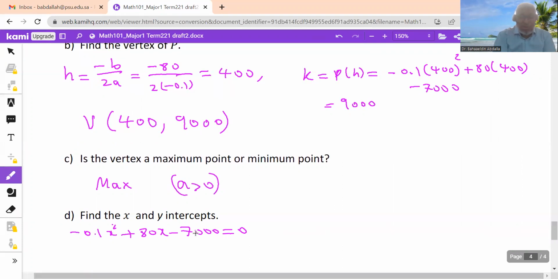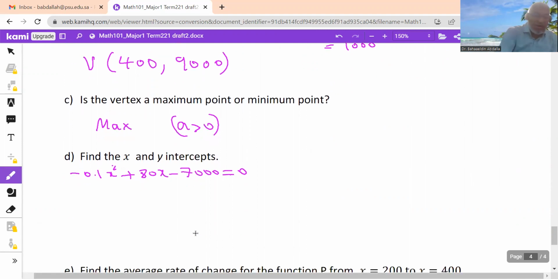Or if you know how to use the quadratic formula, you can use it to get the x-intercepts. Or you can use factoring, because it can be factored. So the x-intercepts, when you solve by the calculator, are 700 and 100.